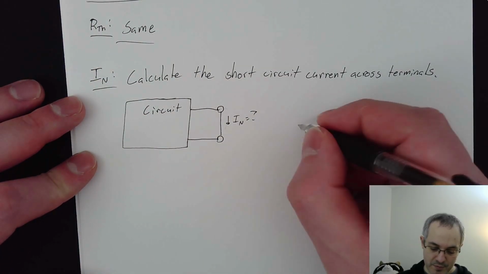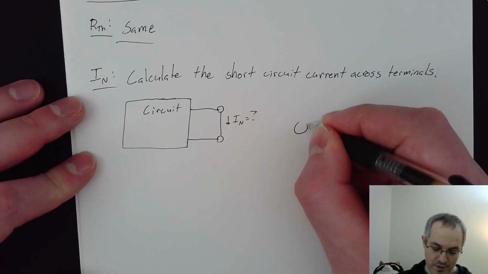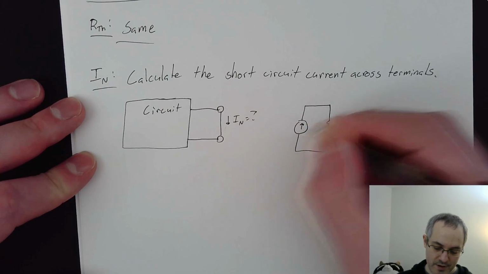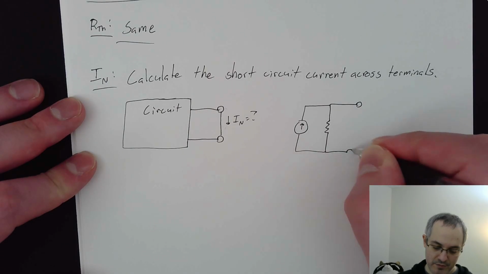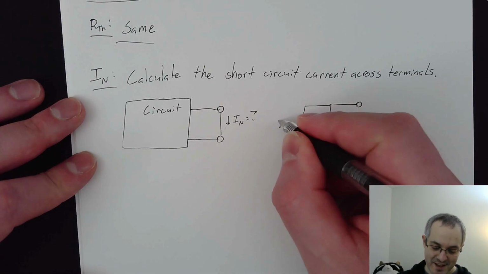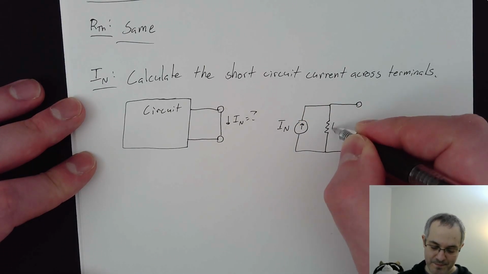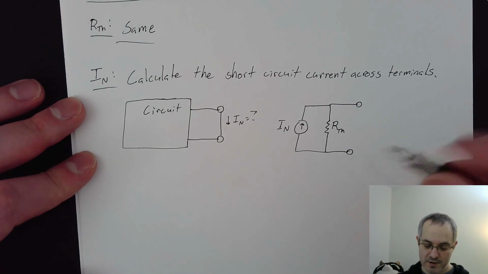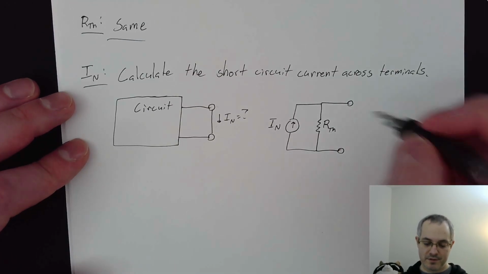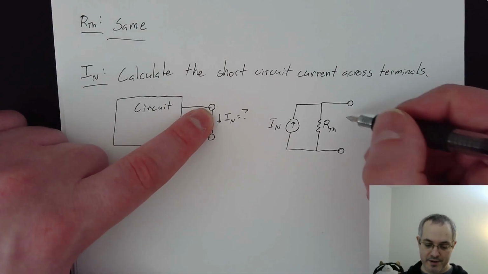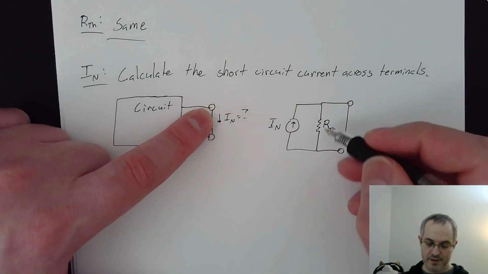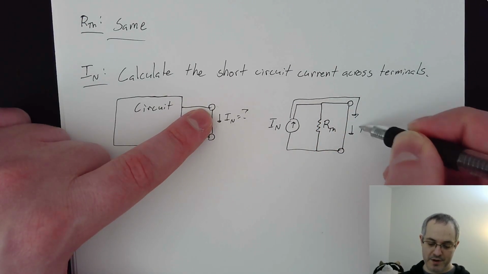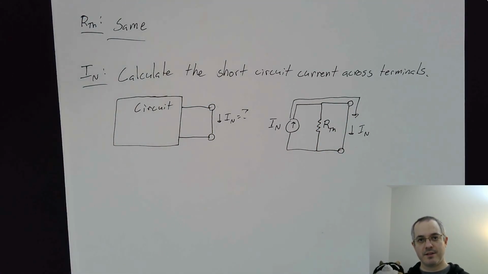Remember that we can do this because the Norton equivalent circuit will be this, and if we put that wire in there, this gets bypassed, and the current goes all the way around like this and would be going down in this case. So that's how we're able to do that.